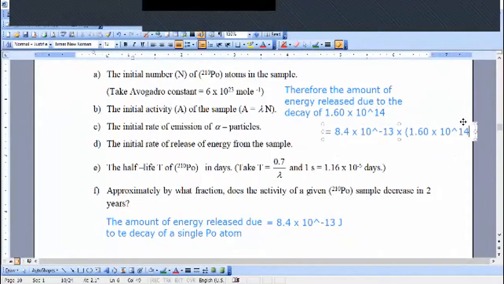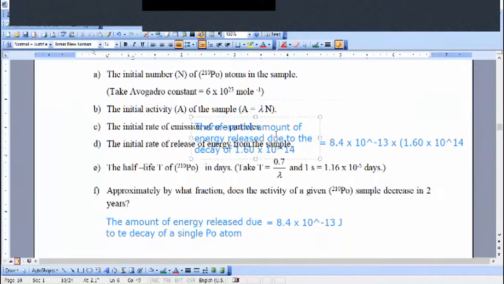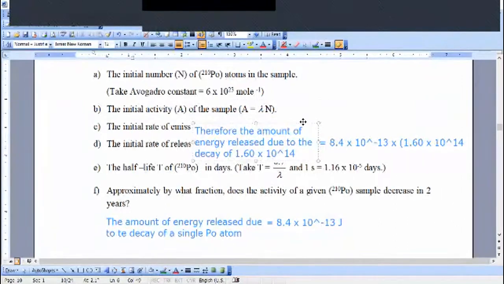The amount of energy given out due to the decay of one polonium atom is 8.4 into 10 to the power minus 13. So now we want to find the amount of energy given out due to the decay of 1.6 into 10 to the power 14 atoms. Actually, we have found this value earlier. Please write this here. Please write the statements quickly.